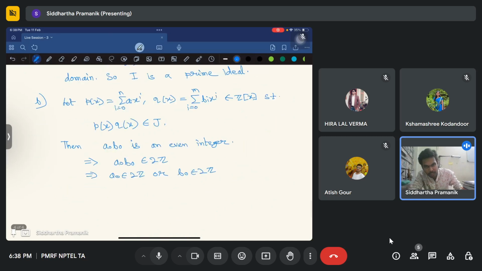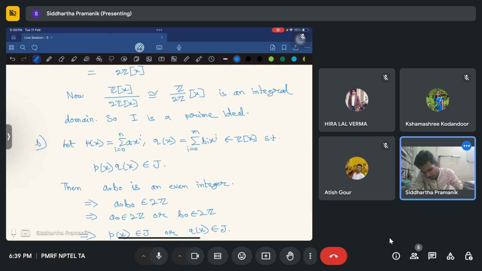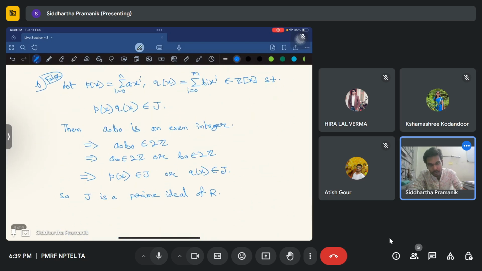So either a0 is even or b0 is even. That means either P(x) belongs to J or Q(x) belongs to J. So that is the definition of prime ideal. So J is a prime ideal of R. So B is actually true. Is it okay?